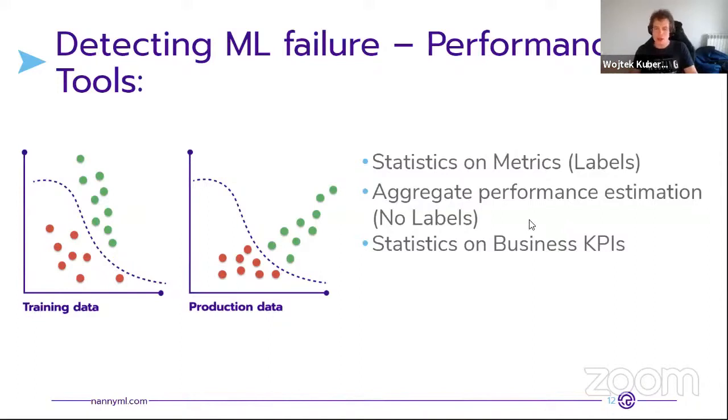So what we can do then is, instead of trying to see whether the model is correct or not on every single label, which basically is recreating the model, we can look at the aggregate performance, which funnily enough is easier to do than just looking at every single example. I will not go into details now, but happy to answer questions later. Why is that? But we can estimate the aggregate performance using things like data drift, concept drift, the features themselves, statistics.